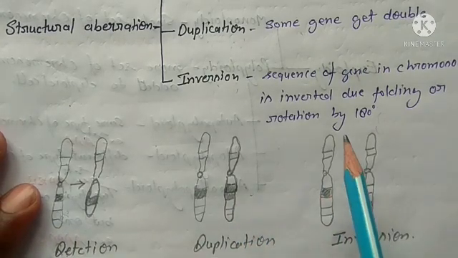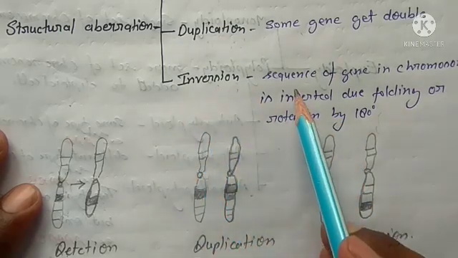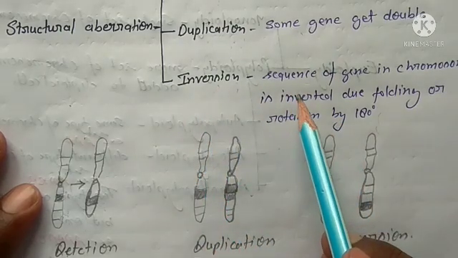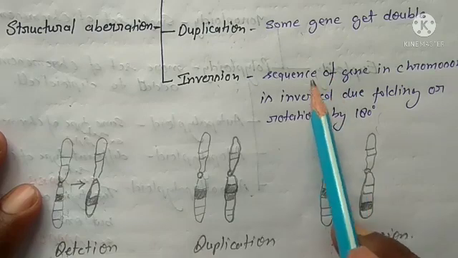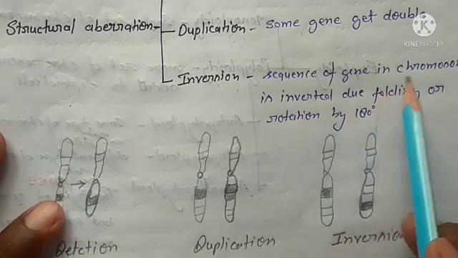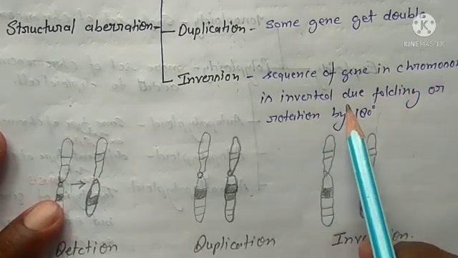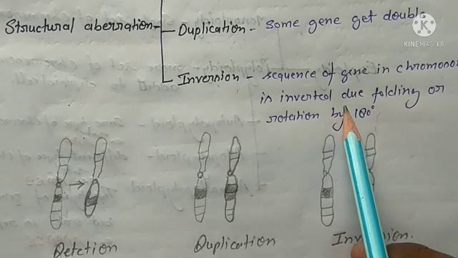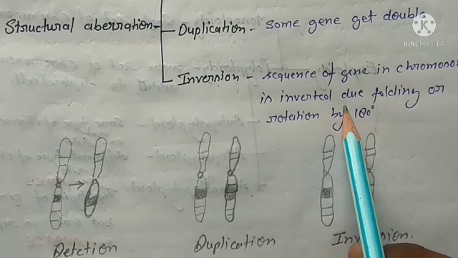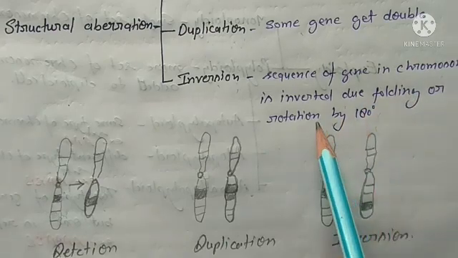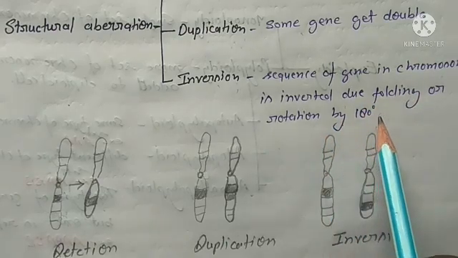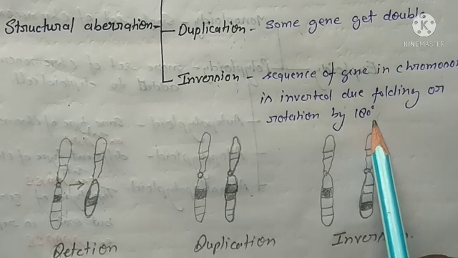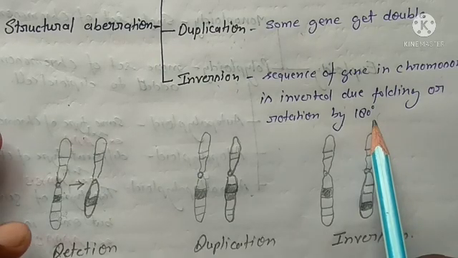And next is inversion. Inversion means that when the sequence of a gene in a chromosome is inverted due to folding or rotation by 180 degrees, that type of aberration is called inversion aberration.